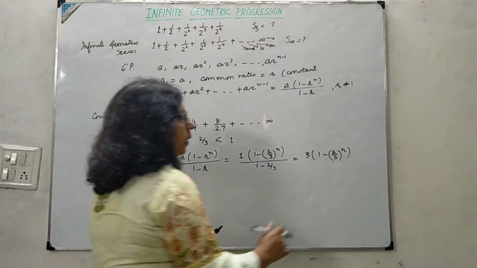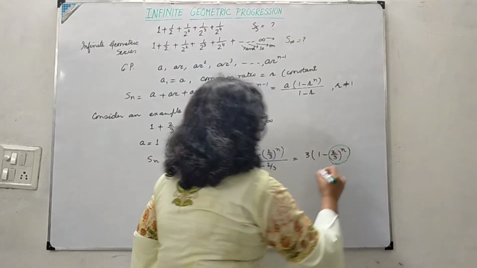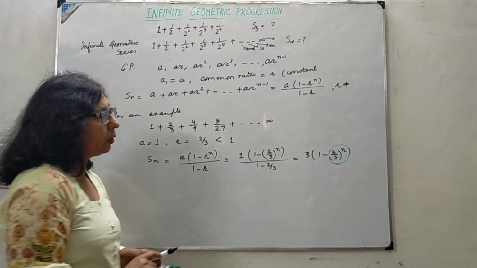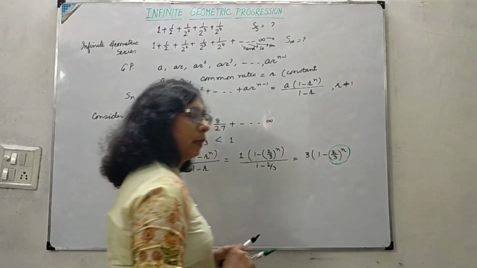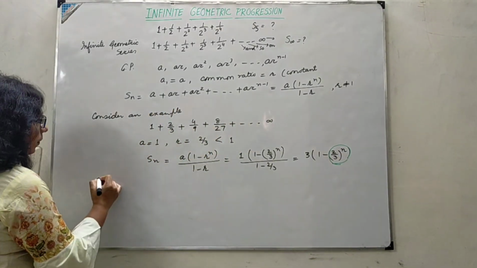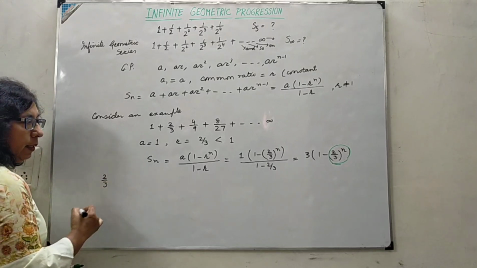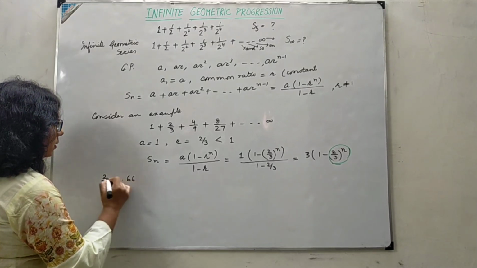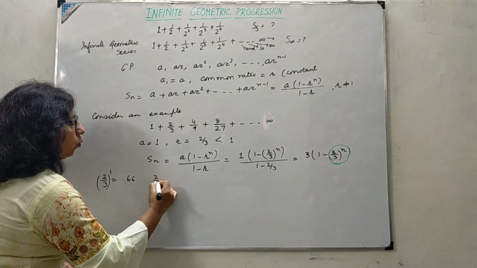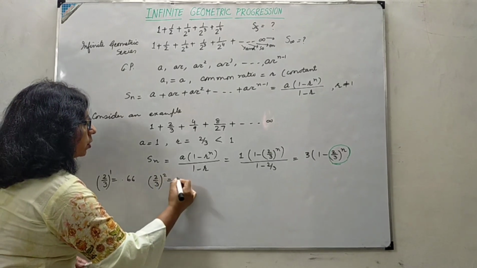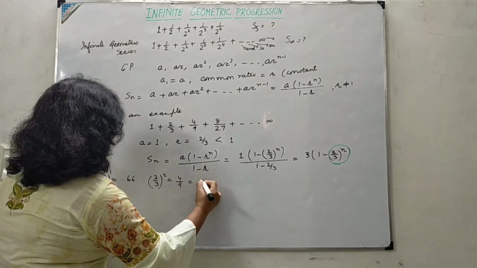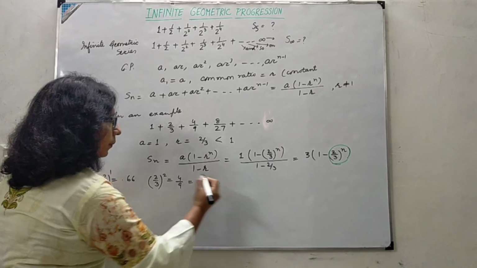Now, we will study the behavior of this term, how it goes when n is large. If I take 2 by 3, that is 0.66, this is power 1. 2 by 3 to the power 2, this is 4 by 9, that means 0.44 something.